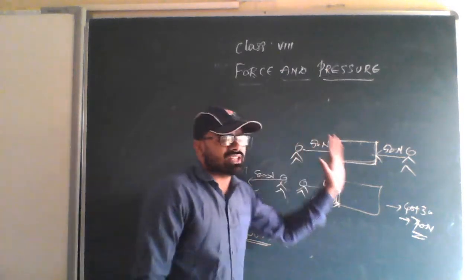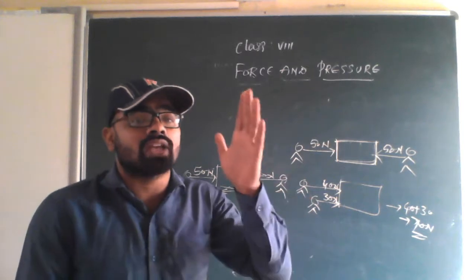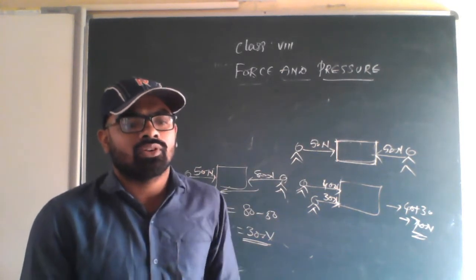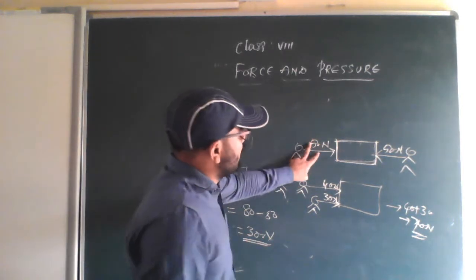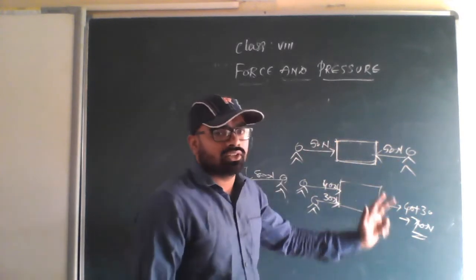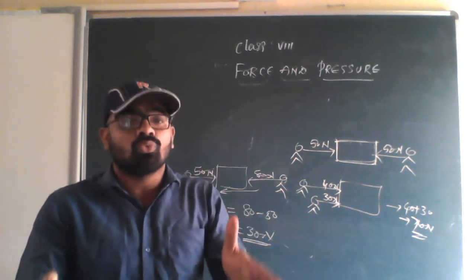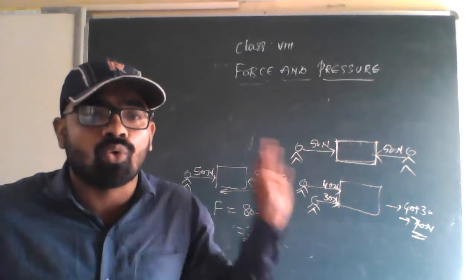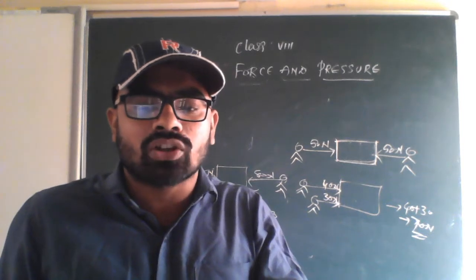When they are exactly opposite and have the same magnitude, the net force acting on a body or an object is zero. Two equal forces acting on an object in exactly opposite directions means the net force acting on the body is zero.